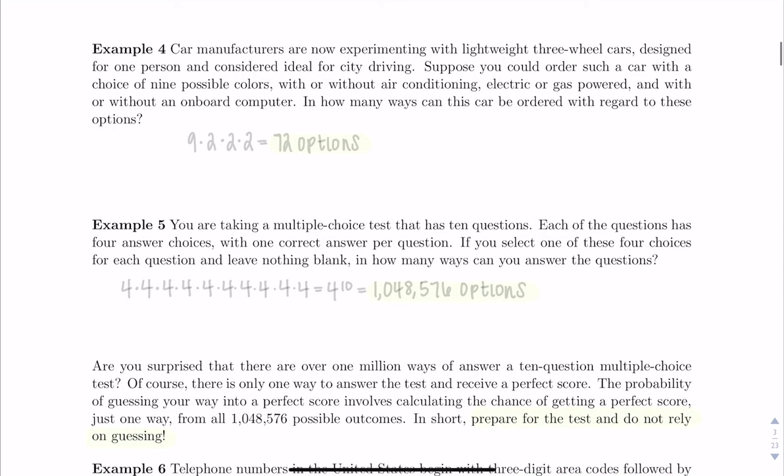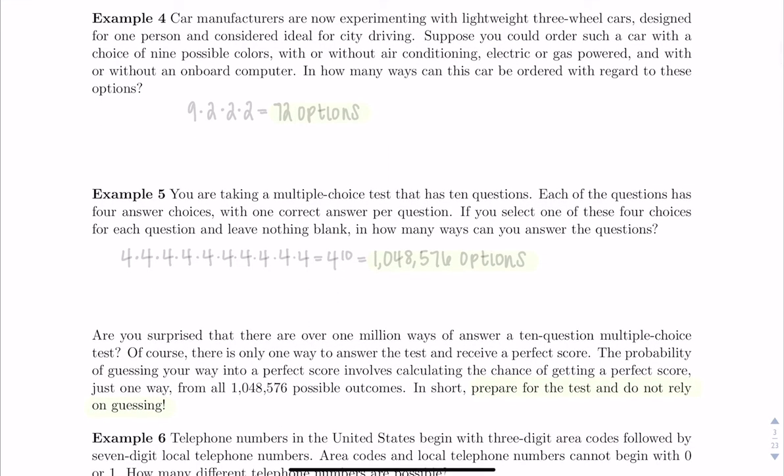Car manufacturers are now experimenting with lightweight three-wheel cars, designed for one person and considered ideal for city driving. Suppose you could order such a car with a choice of 9 possible colors, with or without air conditioning, electric or gas-powered, and with or without an onboard computer. In how many ways can this car be ordered with regard to these options? So we have 9 colors.